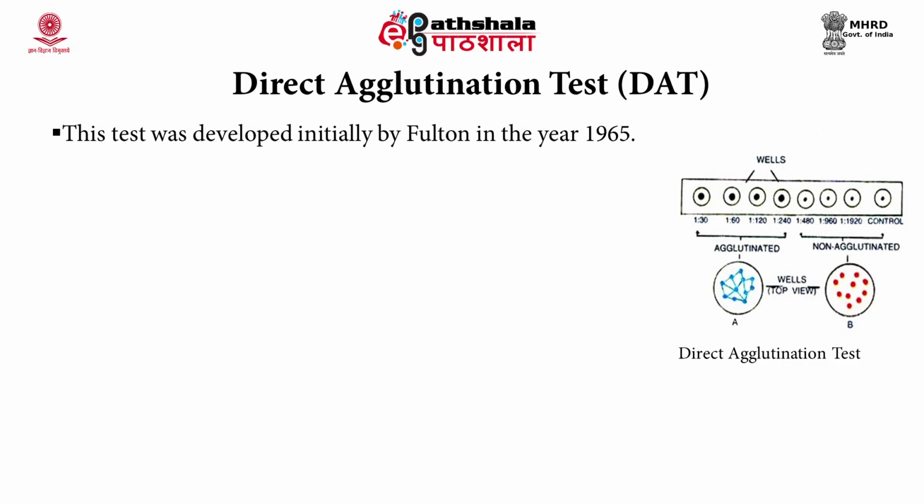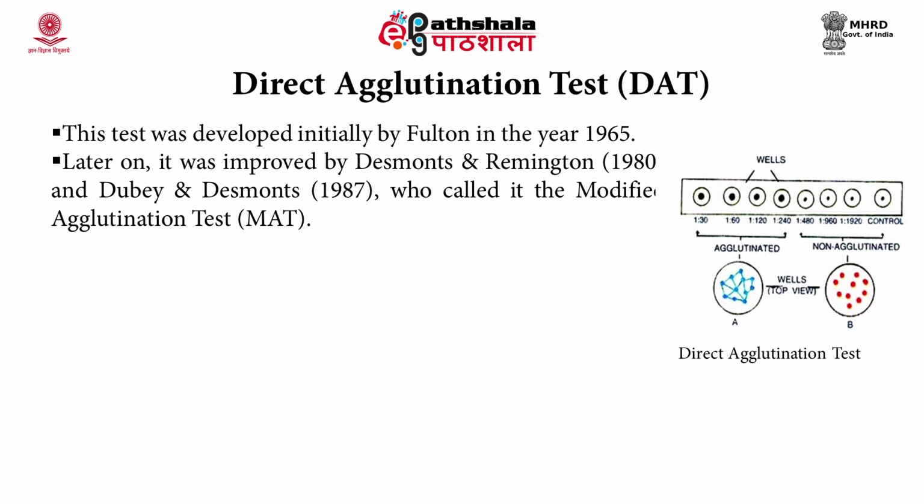Now, we can go to the direct agglutination test. This test was developed initially by Fulton in the year 1965. Later on, it was improved by Desmonts and Remington in 1980 and Dubey and Desmonts in 1987, who called it the modified agglutination test, or MAT.